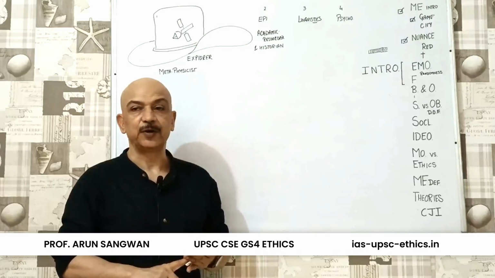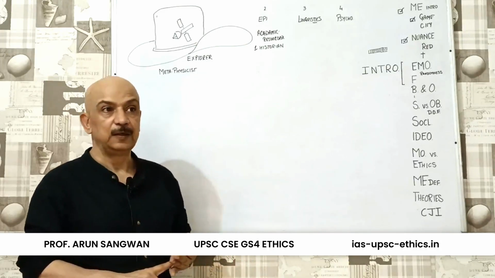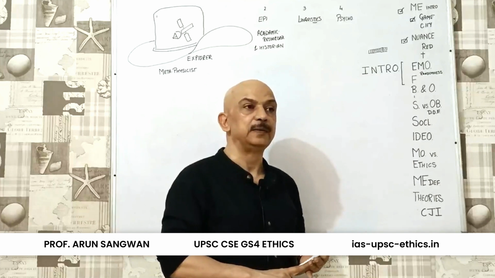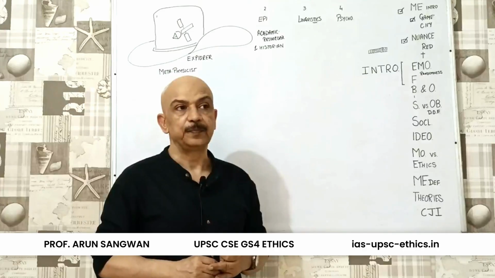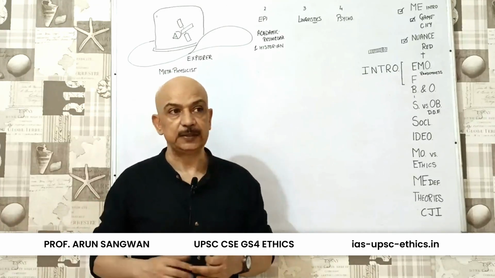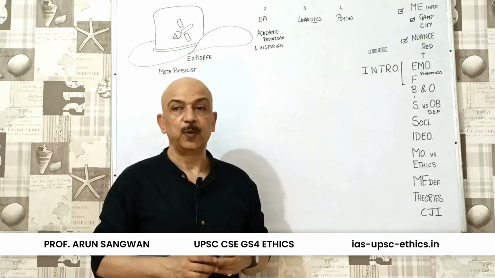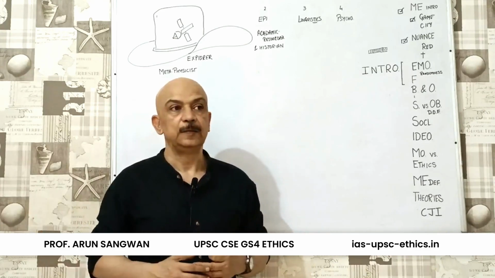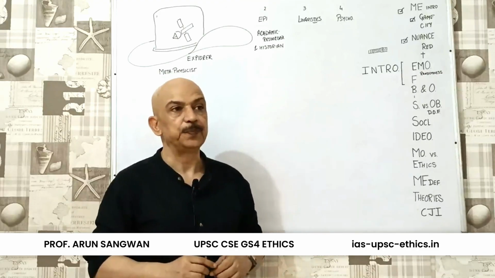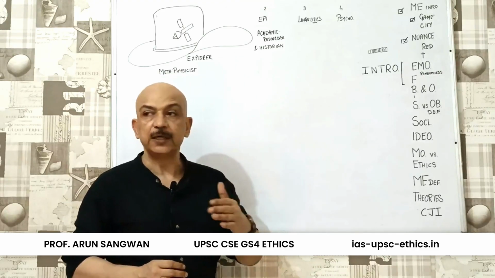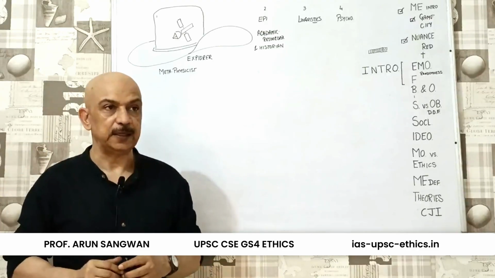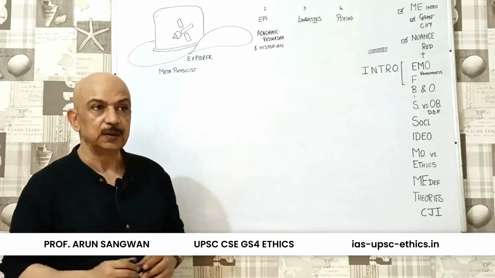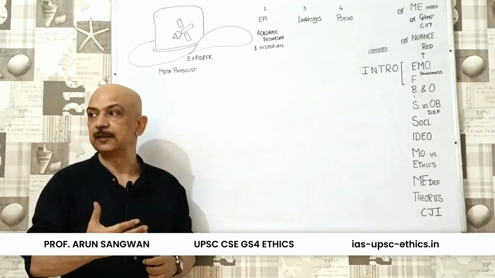initially given by a philosopher called Max Weber. Ethics of bureaucracy, which will cover public administration and governance, probity in governance, etc. Then you'll have application of ethics like care ethics, feminist ethics, etc. These are application areas.